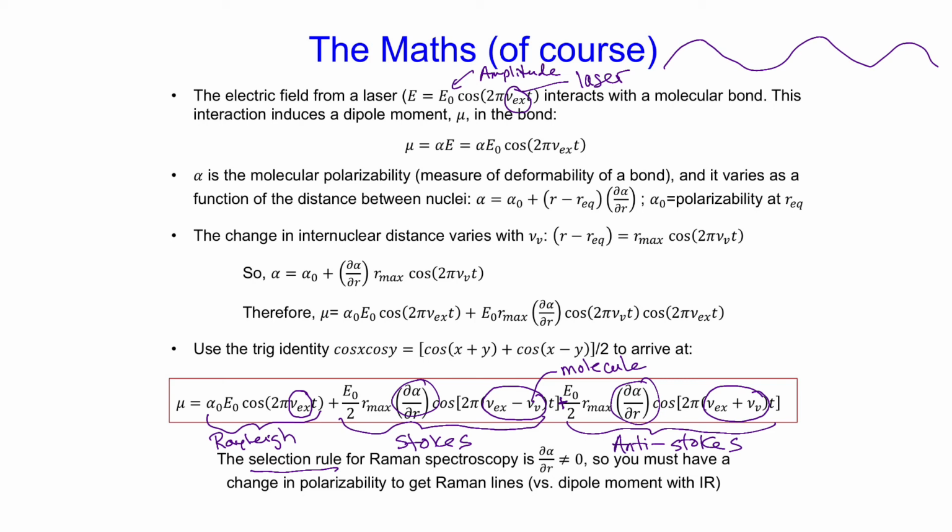So that leads us to the selection rule d alpha dr cannot equal 0, which basically means you must have a change in polarizability to get Raman lines, which again is analogous to the need to have a change in your dipole moment with IR.